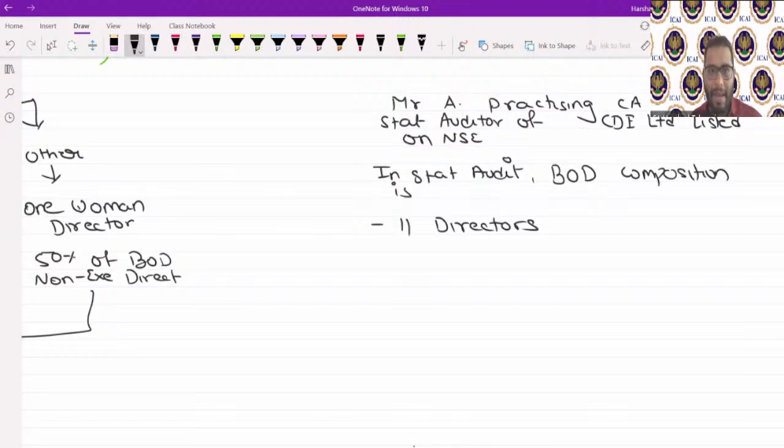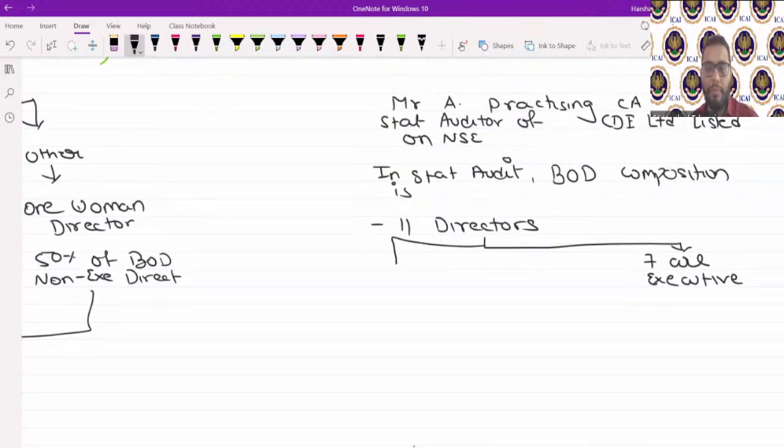Out of these 11 directors, 7 are executive directors. 4 are non-executive.